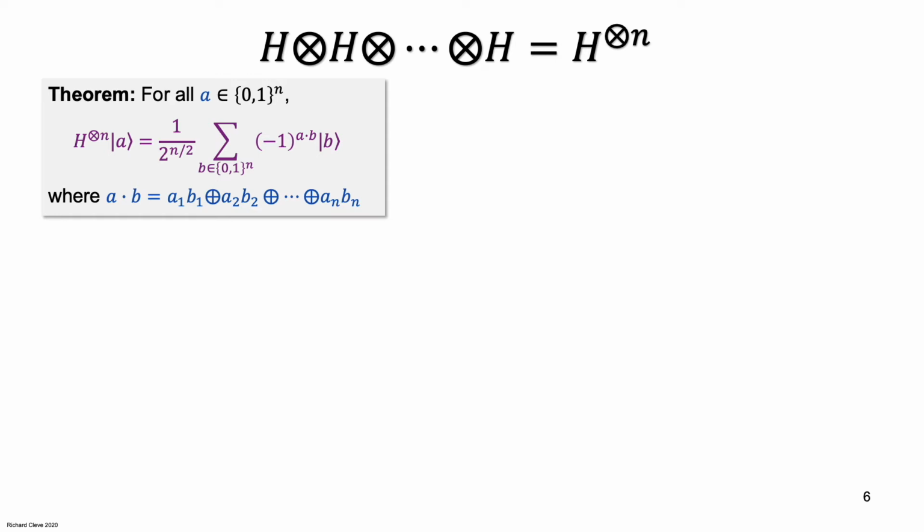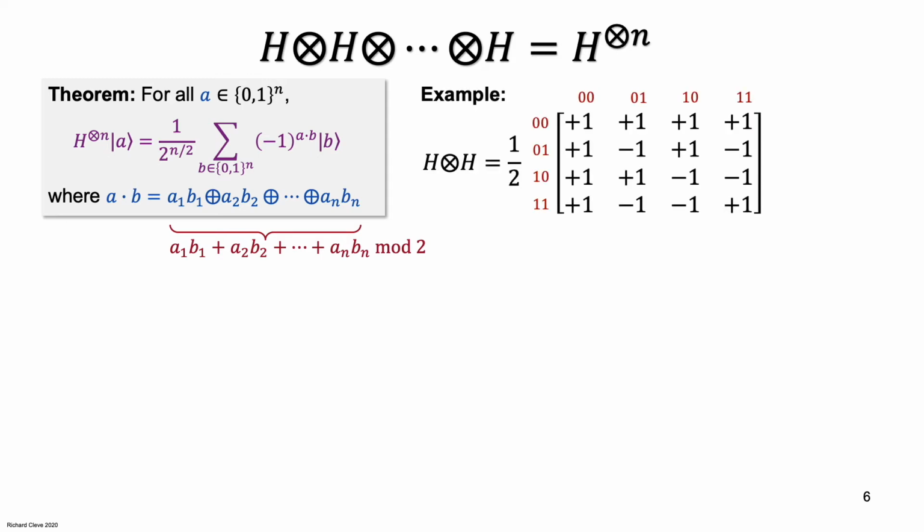The phase of the ket B term in the superposition is -1 to the A dot B, where A dot B is this expression, which is a dot product of the n-bit strings in mod 2 arithmetic. For example, H tensor H is this matrix. Look at the entry in the red box. It is in row 1, 0 and column 0, 1.